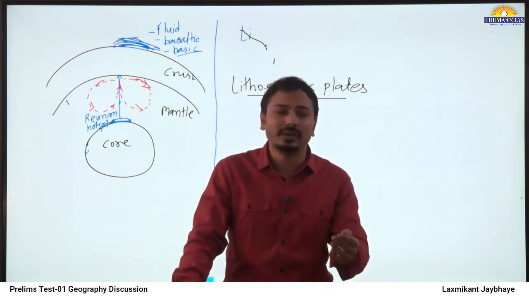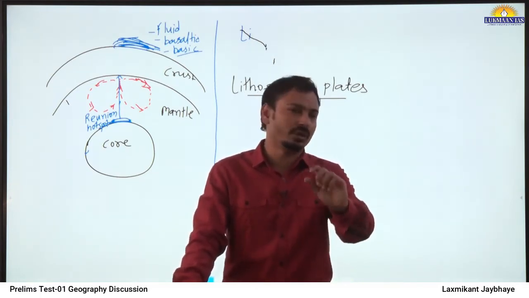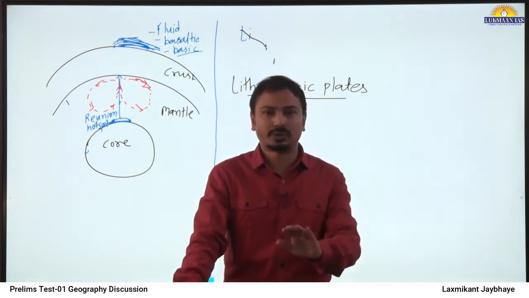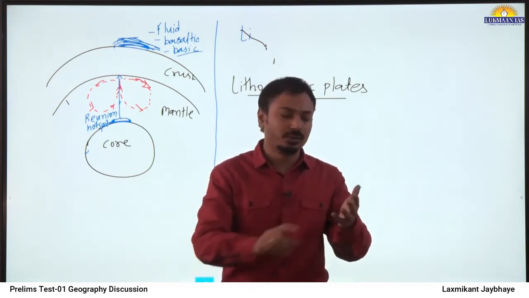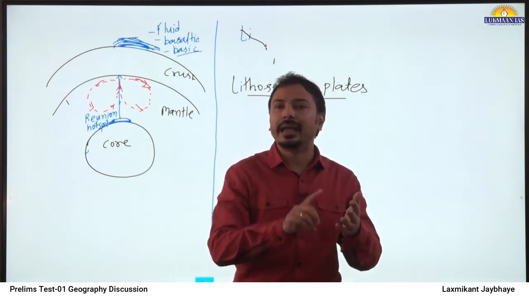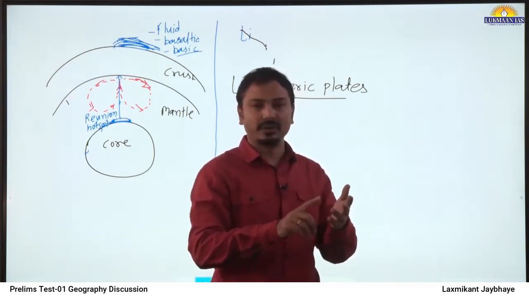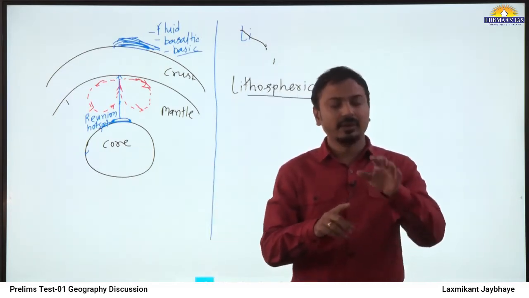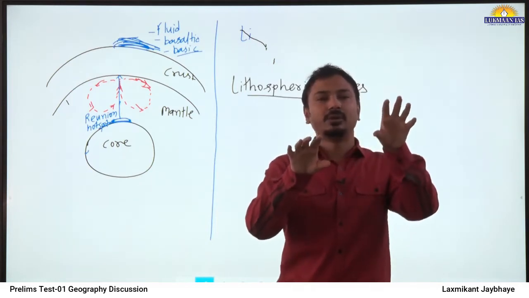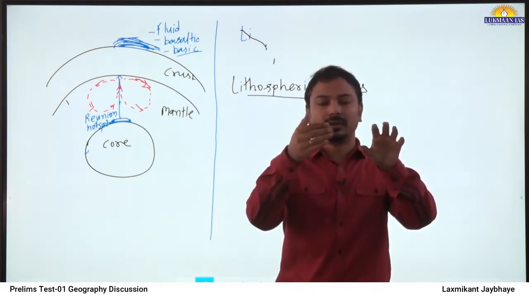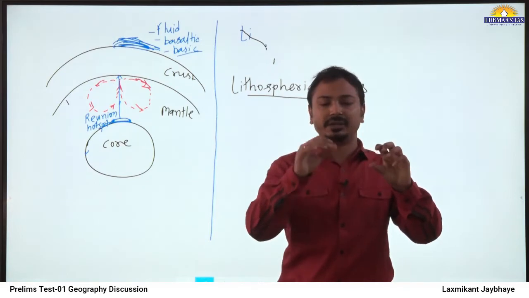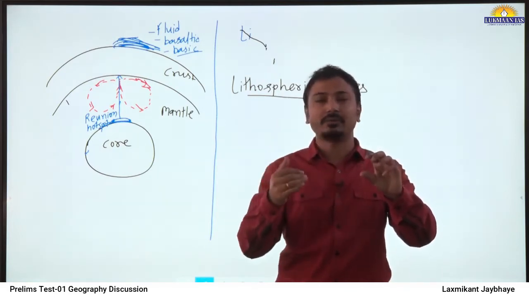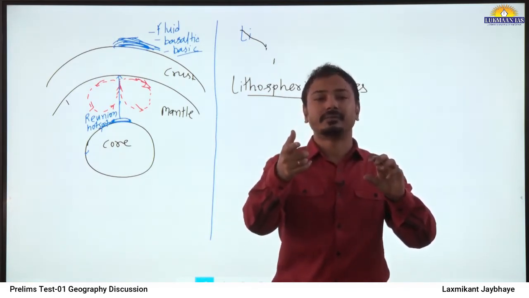What you can do is make a small one-page note out of it. Take each agent of erosion, like first of all river, and in that you make two columns: erosional landform, depositional landform. Immediately below that, glacier, erosional landform, depositional landform. This is for last minute revision.